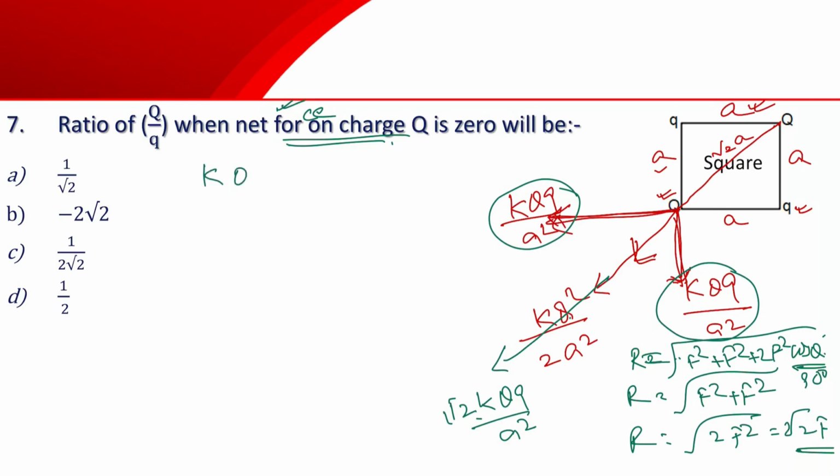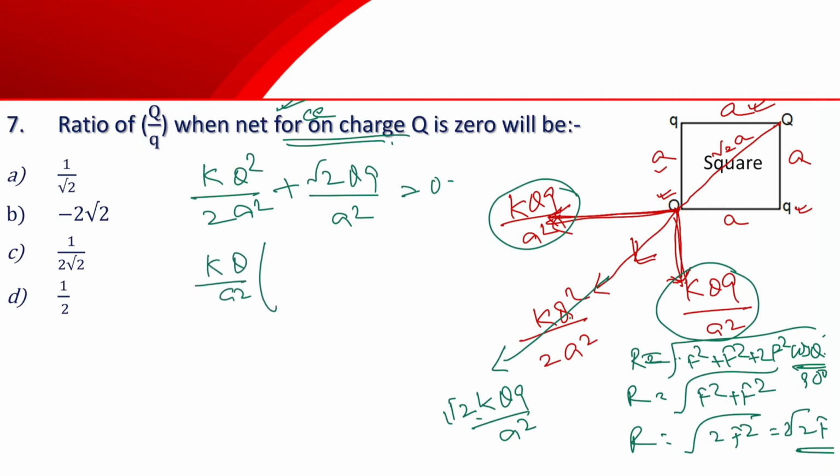So let us write kQ square upon 2A square plus root 2 kQq by A square, taken together equals 0. It is given in the question that the net force is 0. Okay, now we have to solve this.